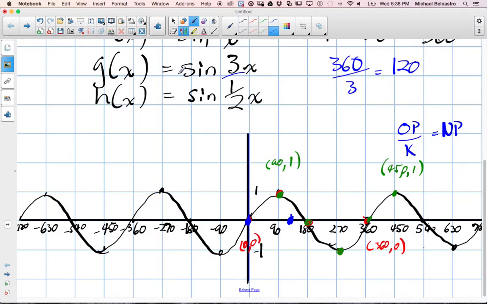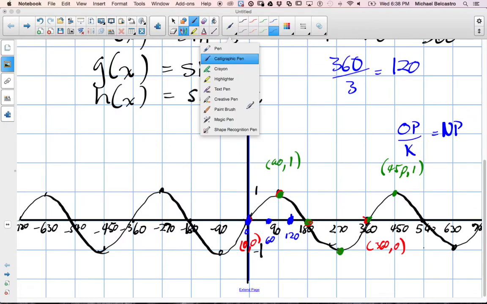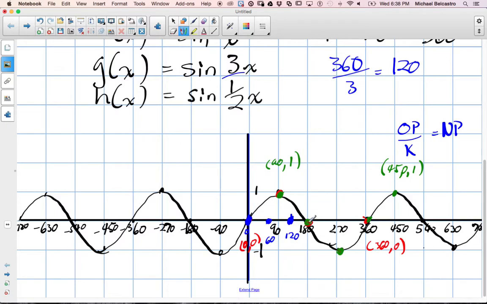We know the a value is positive, so there's going to be a middle point. Whatever's halfway between 0 and 120. Do you guys know what it is? Halfway is 60. So we're going to have another point at 60, because there's a middle. Just like we did the original, 0, 180, 360, here we're going 0, 60, 120, because the period occurs within that.